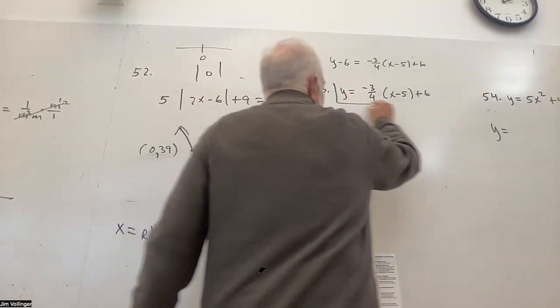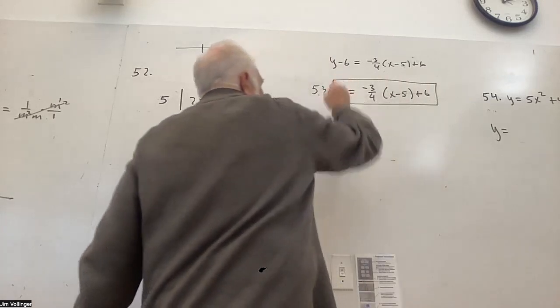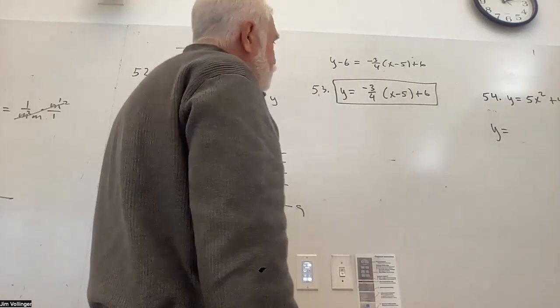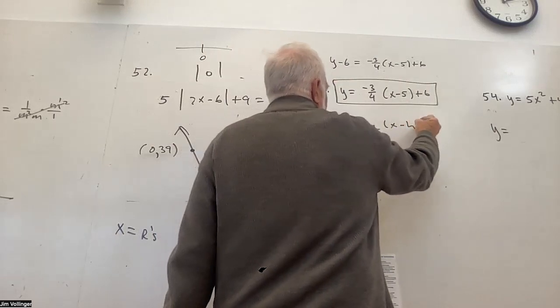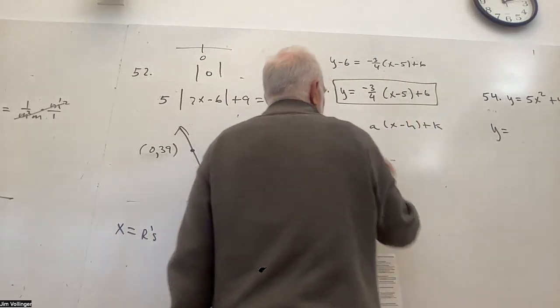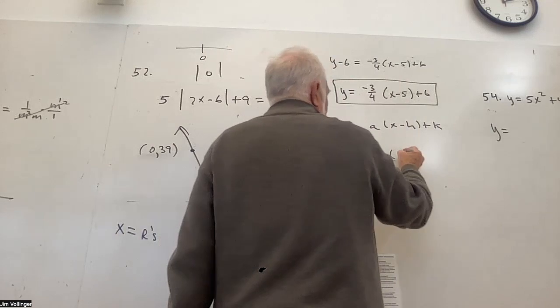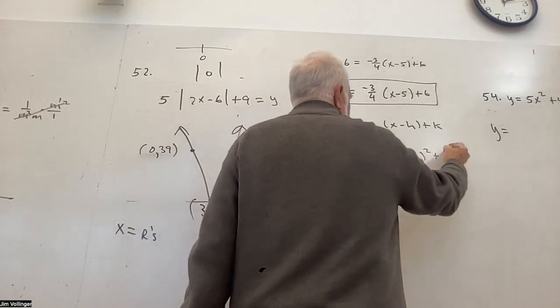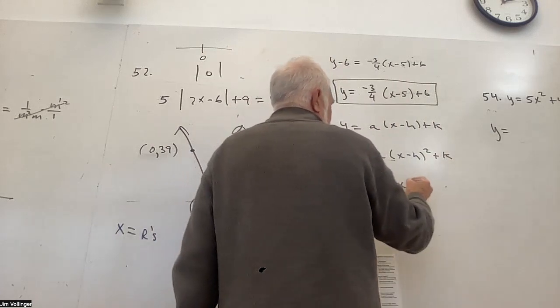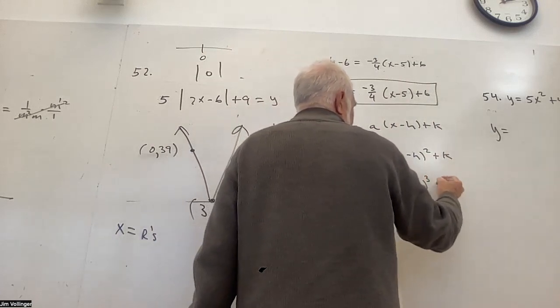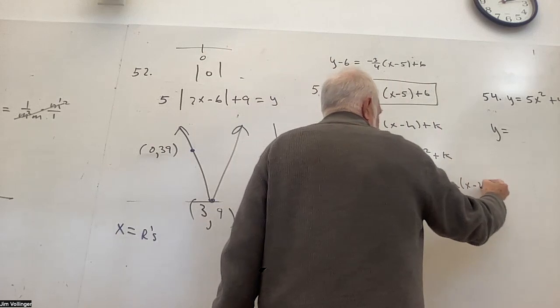I like to write it in this form. That's the one form that you don't see in the textbooks. Because I think that's in the form of a times the absolute value of x minus h plus k, which can then be written as a times x minus h squared plus k if we're looking at a cup-shaped graph, which can be written as a times x minus h cubed plus m times x minus h plus k.